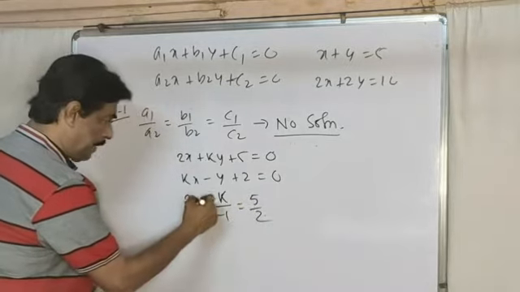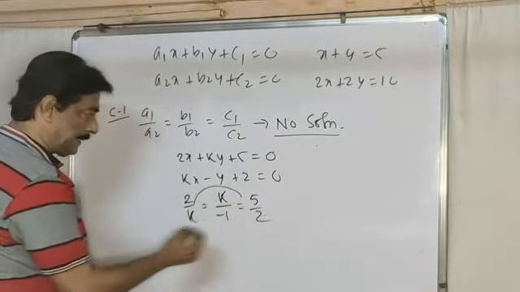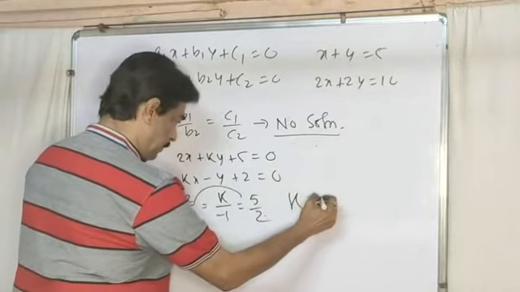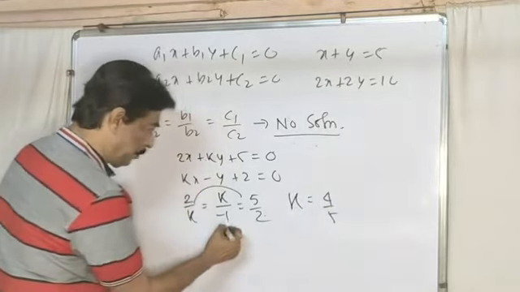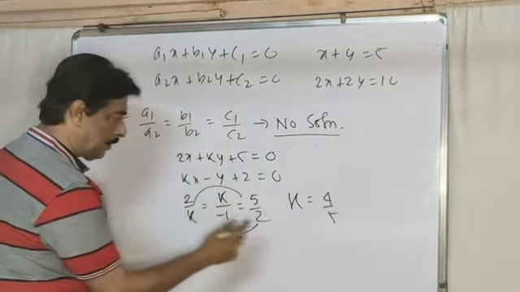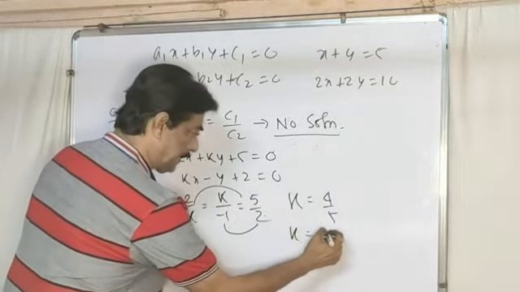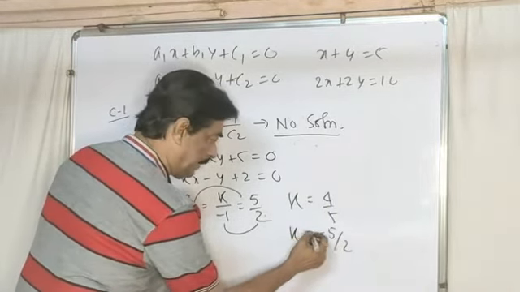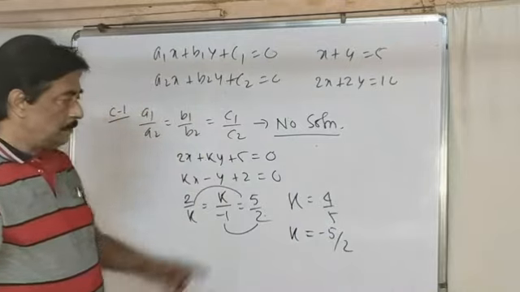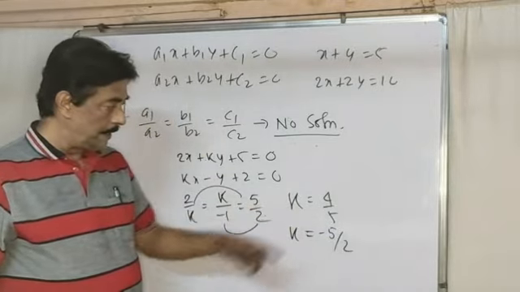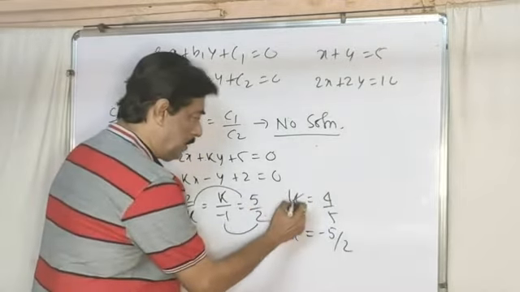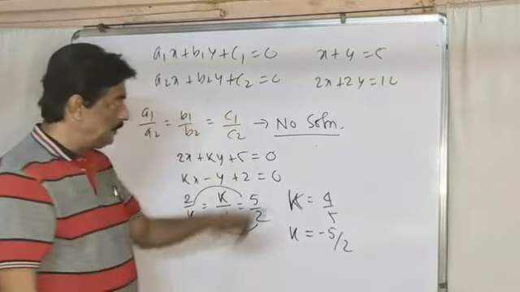If I put this and this, your result is k equal to 4 by 5. If I put this and this, k equal to minus 5 by 2. So whichever they give in the options, k equal to 4 by 5 or k equal to minus 5 by 2, the equation has no solution.